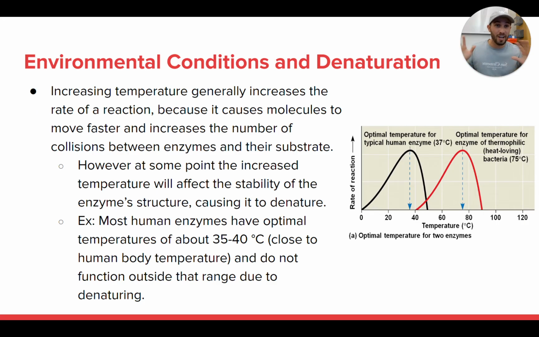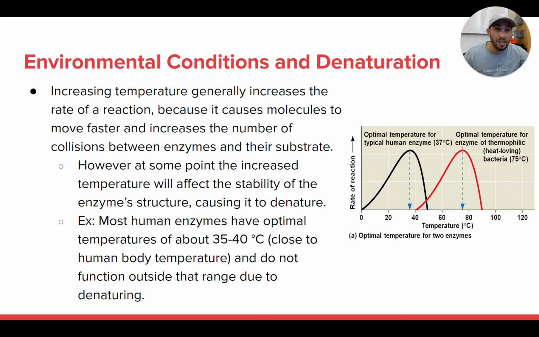If we're just talking about a reaction taking place on my desk when I mix chemicals together, that reaction is always going to happen faster when you increase the temperature. Because when you increase the temperature, molecules move around faster, and that's going to cause them to collide more often and the reaction to happen faster.